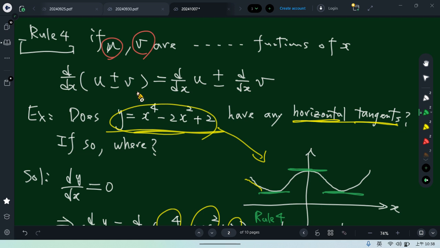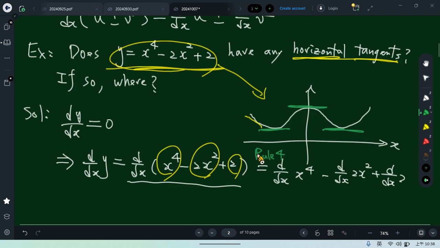So we simply apply rule 4, and then you can convert from the left-hand side to the right-hand side. So we go back to getting the individual parts first.